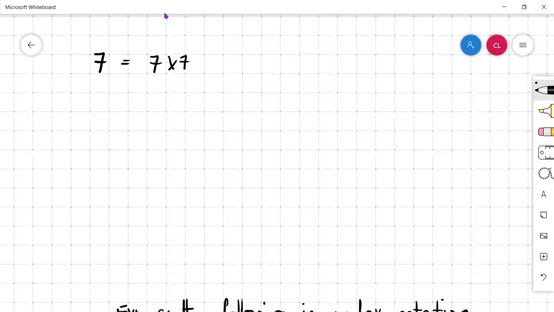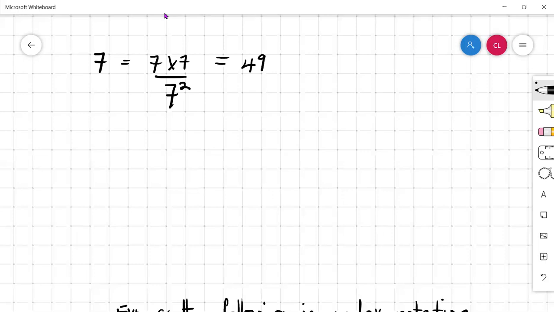And we could rewrite this now as 7 squared. And 7 squared would be equal to 49. So to find the square of two equal numbers, in this case, the product is what? 49, which means the same as what? The square of 7.